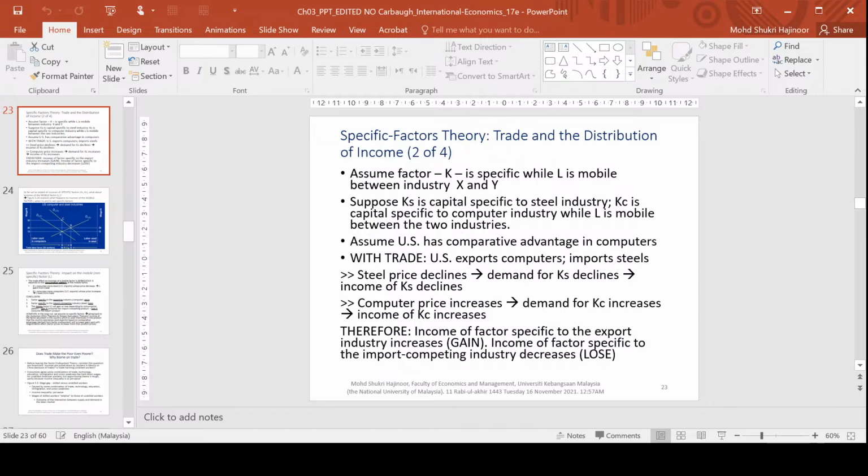It is the price of goods that equalize, becomes world price.